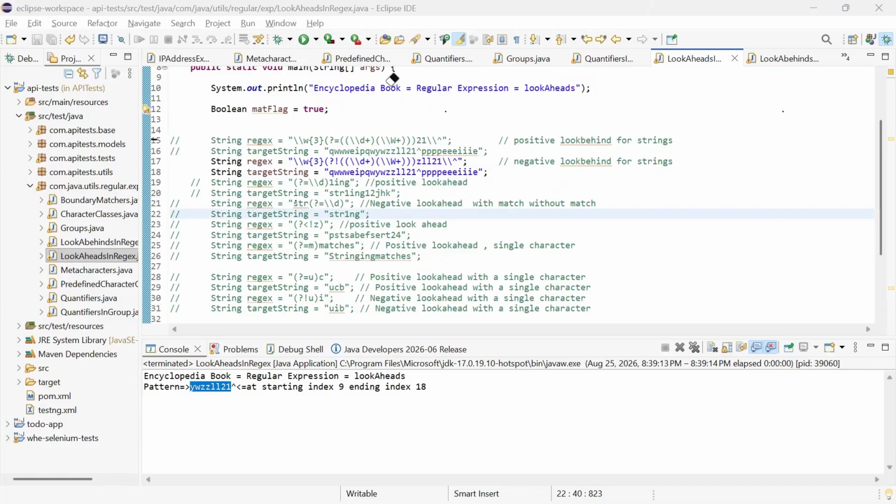We had only discussed the look ahead concept here. There are many cases you can have on this look around. A few cases we had discussed at the beginning of the slide. So, this is pretty much about look around and look ahead. There could be n number of cases.